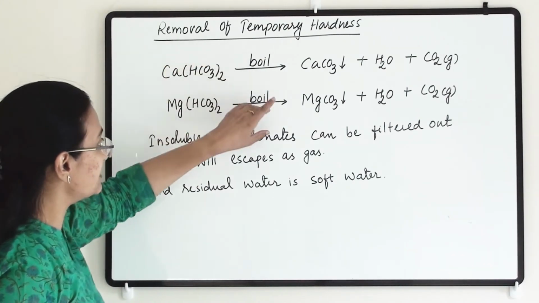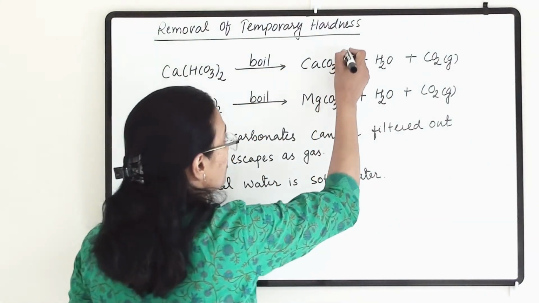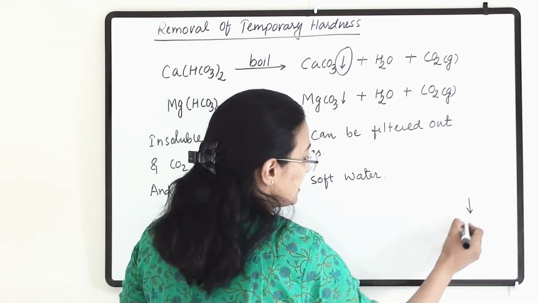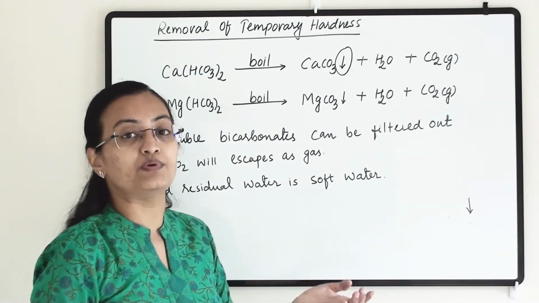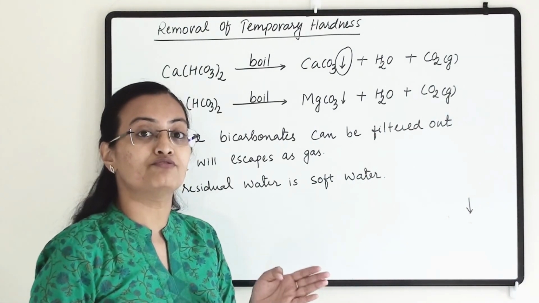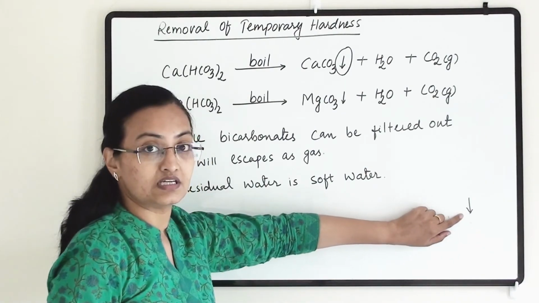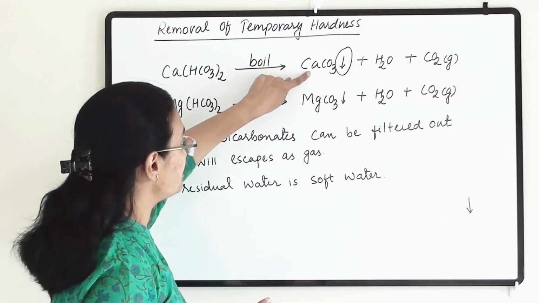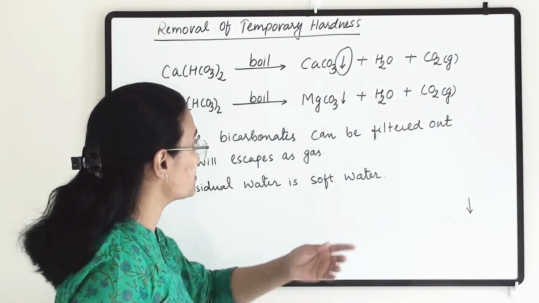When we are boiling these two, we will get calcium carbonate as a solid residue or solid substance. This arrow suggests that this substance will precipitate out such that we can filter it out from the solution. So calcium carbonate and magnesium carbonate will precipitate out as a solid substance.